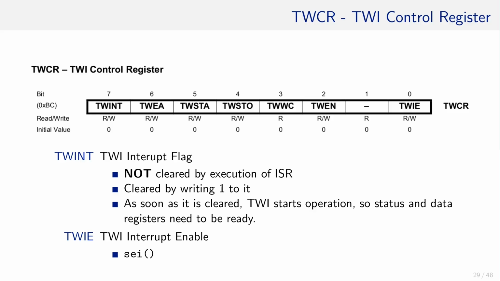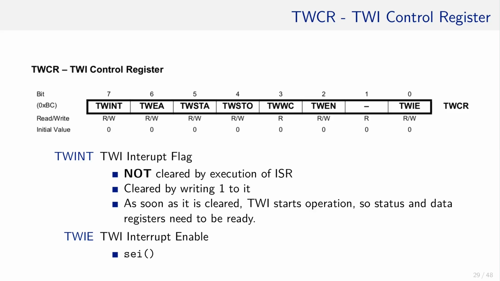However, please keep in mind that the interrupt request is not cleared by serving the ISR, as we have seen earlier, in which, for instance, the compare match of the timer interrupt was automatically cleared once the ISR has been completed. The clearing of the TWINT needs to be done manually, and here is another curiosity. It is cleared by writing a 1 to it and not a 0.